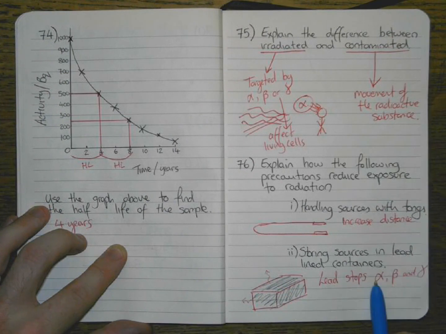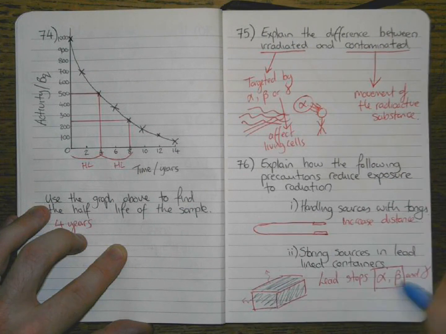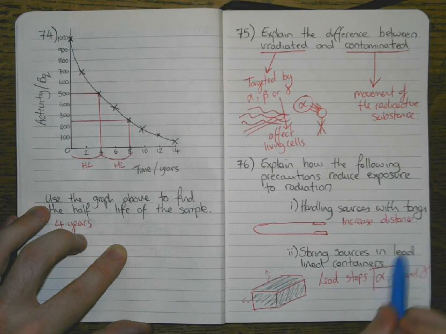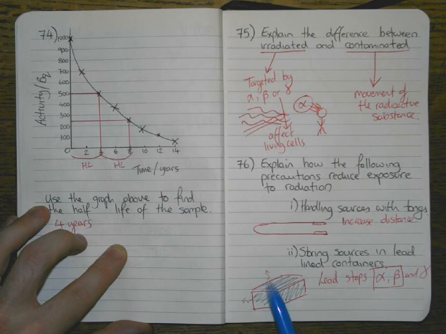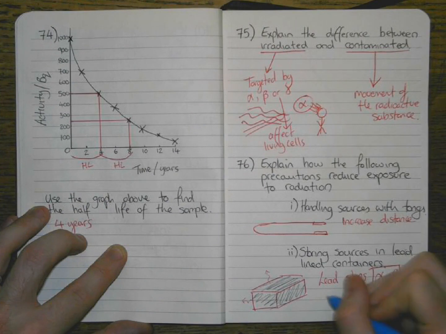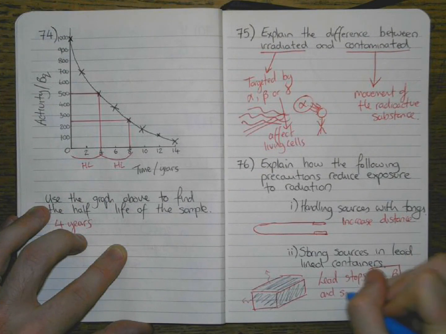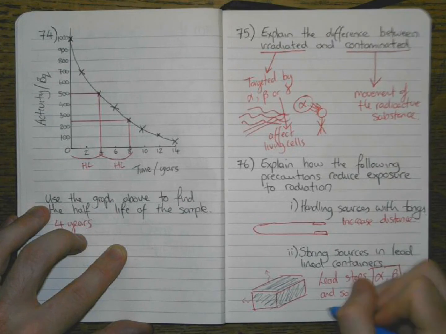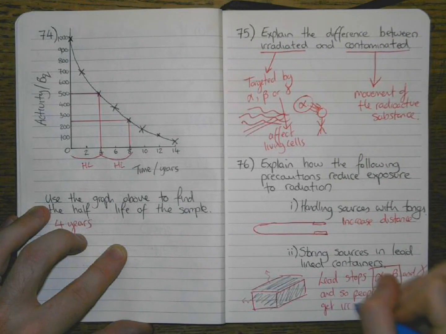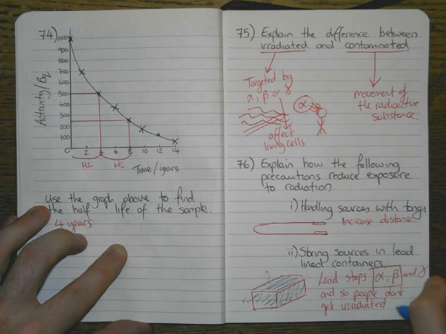So by putting alpha and beta in that box, if it's got lead on the outside of it, then alpha and beta particles are not able to get out. So we store sources in lead boxes so that it stops the radiation, and so people don't get irradiated when carrying the box.